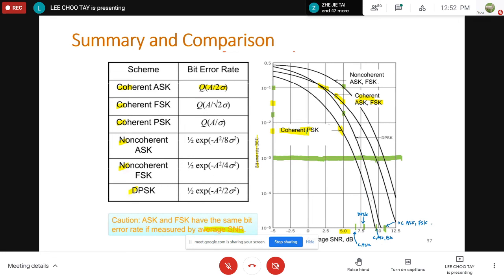Okay, so that is the discussion on the bit error rate performance of these few types of modulation schemes and detection methods. Question? No question? No question, then I move on, yeah?